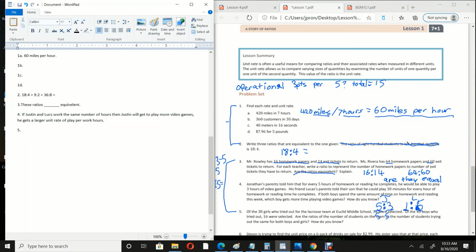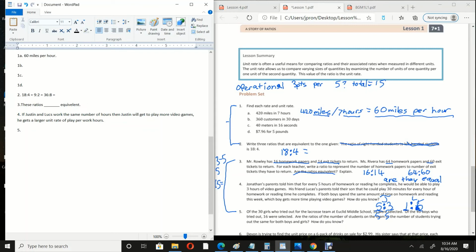And then you could explain, you could either say 16 to 14 equals something that equals 64 60ths or not, right? You're going to explain whether you think it is or it isn't.